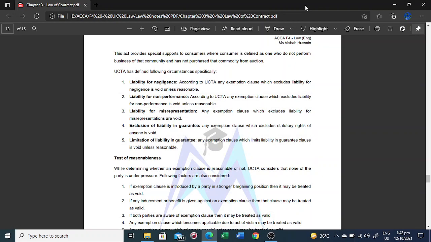Now UCTA has defined the following circumstances. Liability for negligence. As per UCTA, any exemption clause which excludes liability for negligence is void, because you need to mention what the liability is for a person who is being negligent. Liability for non-performance. Again, any such exemption clause which excludes the liability for non-performance will also be considered void. Liability for misrepresentation.